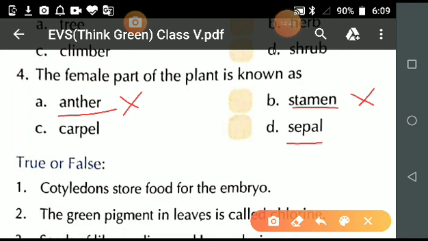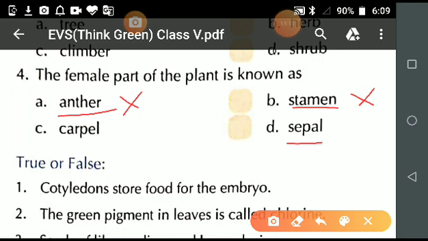When I showed you the different parts of the flower, I drew all four parts: stamen, carpel, sepal and petals, and showed you one by one in the diagram. At the bottom of the flower you see green tiny leaves called sepals.